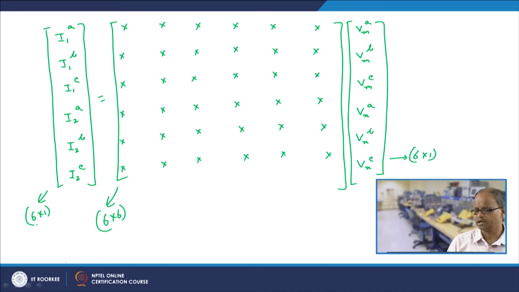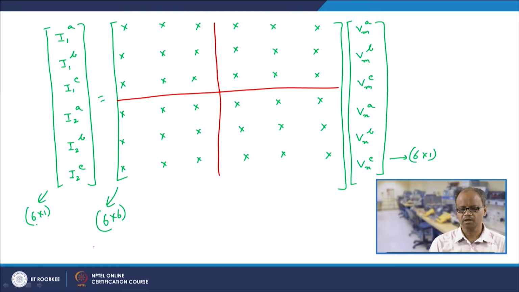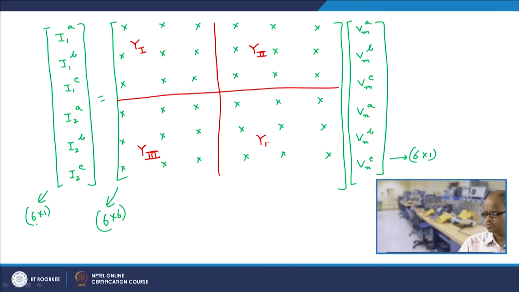denoted like this. Now, what we do is partition these 36 elements like this, and we call this y1. Please note that this is a 3 cross 3 matrix. We call this y2, this y3, and this y4.